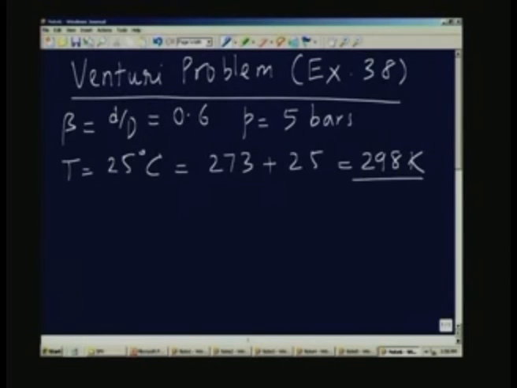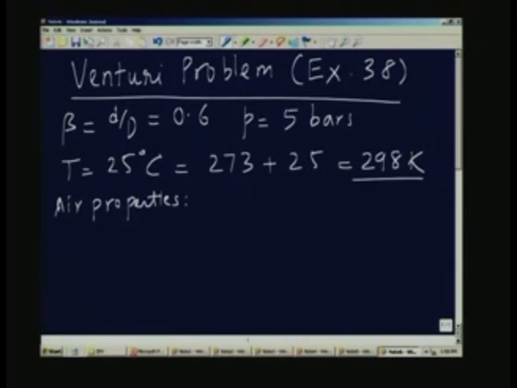So the air properties are evaluated at this pressure equal to 5 bars and 298 K. In fact, I have taken the properties from a table of properties, and directly I will give the values.